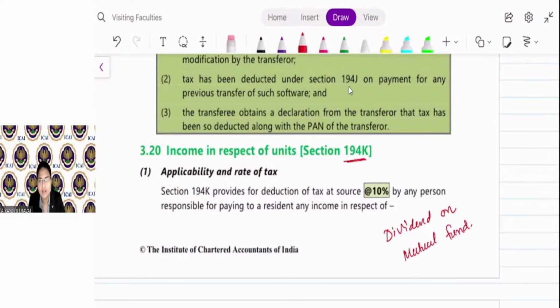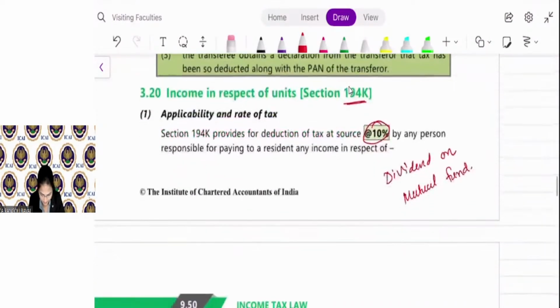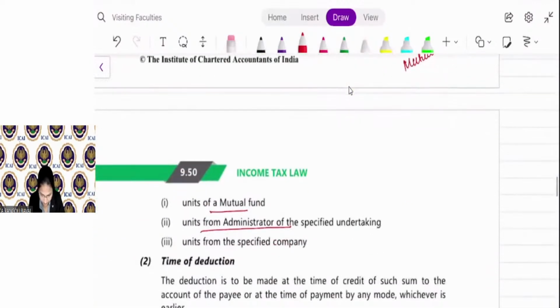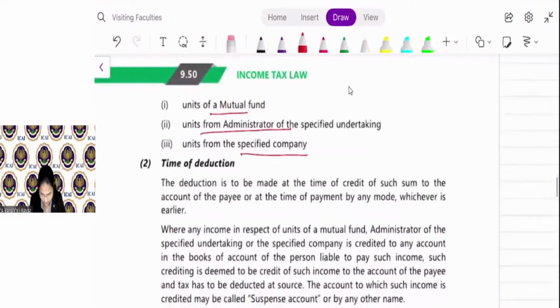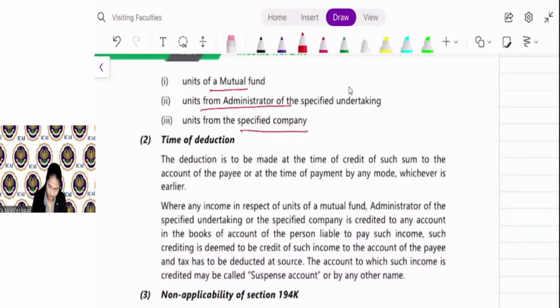Here the rate of TDS is 10%. On dividend on a mutual fund, the mutual fund will deduct TDS at the rate of 10%. This is notified by the government.